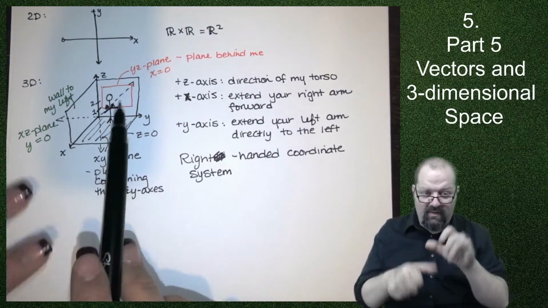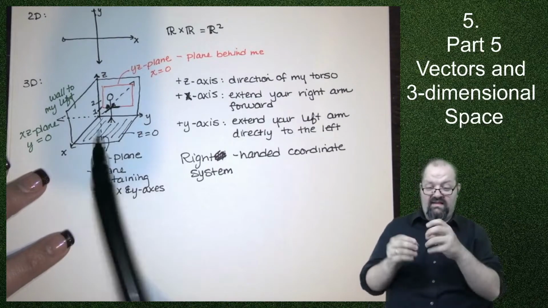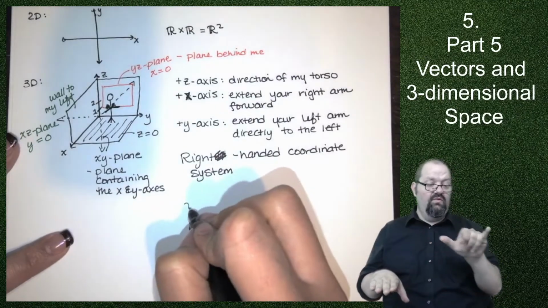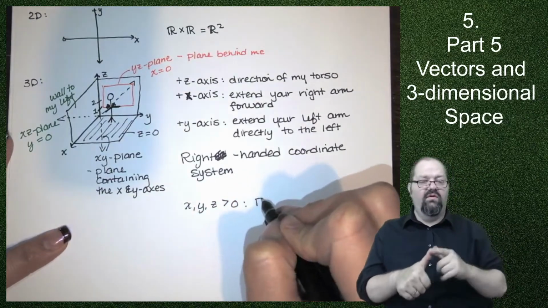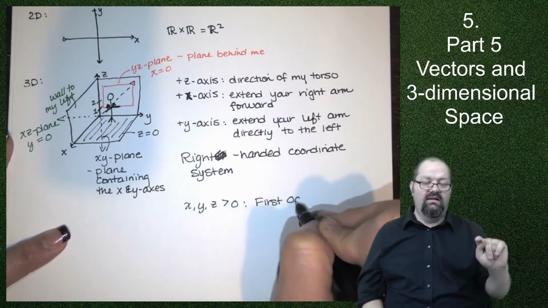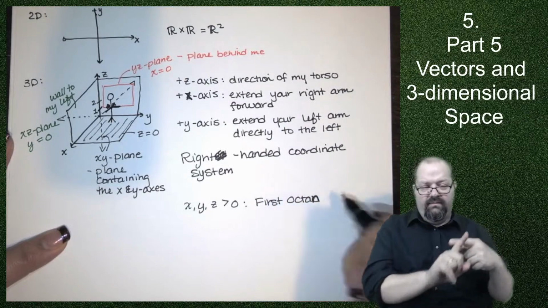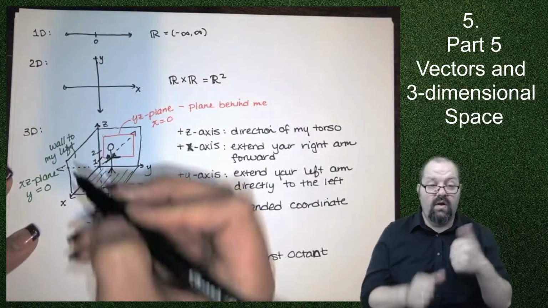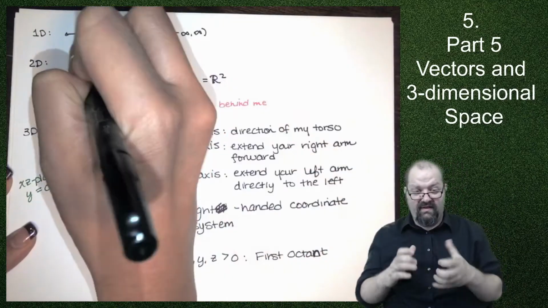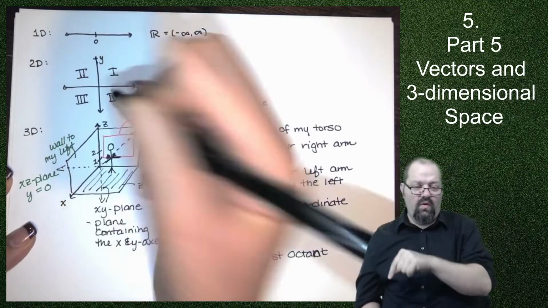And this space that I'm in, where x, y, and z are all positive, we're going to call the first octant. Remember back in algebra class, we said that that was quadrant 1, quadrant 2, quadrant 3, and quadrant 4.